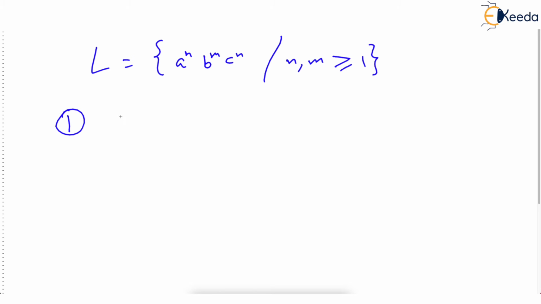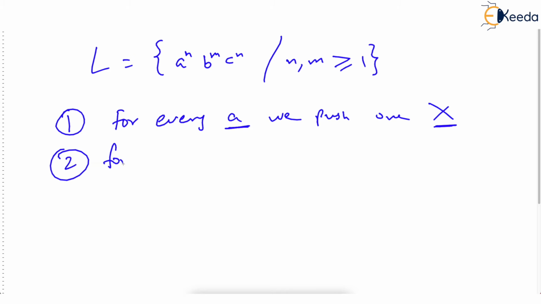Now, what is the idea? The idea is fairly simple. We want the language a^n b^m c^n such that n, m are greater than or equal to 1, correct? First, for every A, we push 1 X, for remembering that we got an A. Second, for every B, there is nothing to check against B. B can have any number of occurrences because we want to check whether the number of A's is equal to the number of C's.